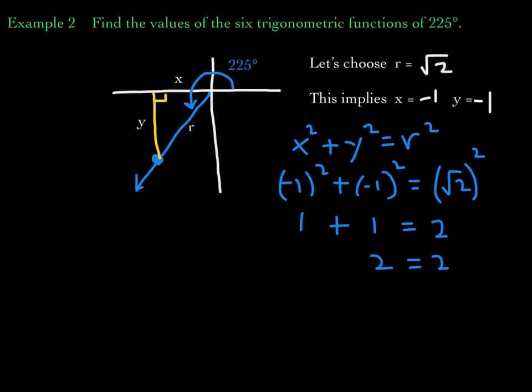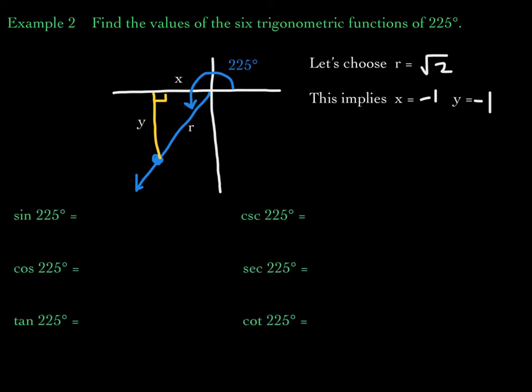Now that we know what x, y, and r are, we can write down our 6 trig function values of 225 degrees. So sine of 225 degrees will be opposite over hypotenuse. So it will be y over r, so -1 over √2, which when rationalized is -√2 over 2. That means cosecant, the reciprocal of sine, of 225 degrees will be equal to -√2.